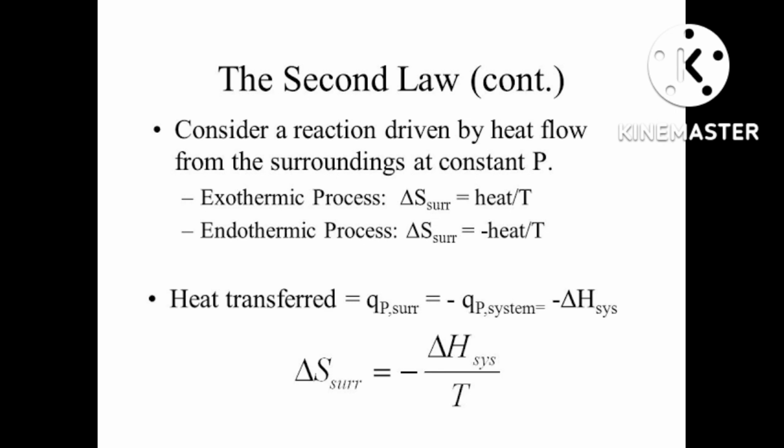Hence, if you add both, it will be greater than 0. This is a very, very important condition to measure the entropy change, either of system or surrounding or of the reaction. These are the important things I have told you.